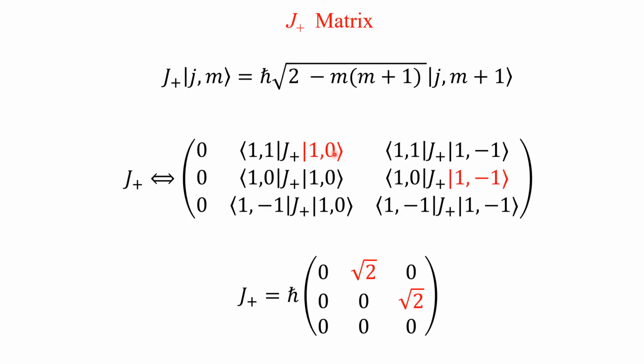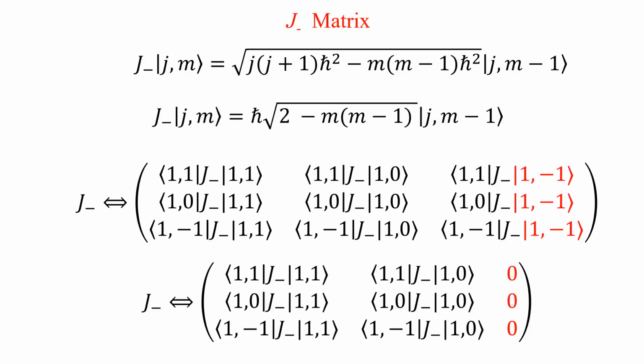Here m is 0, so this will become 0. In the other case m is minus 1, so this will become 0. So only the square root exists. So you will get the square root of 2 in the first row, second column, and second row, third column. And I have taken h cross outside.